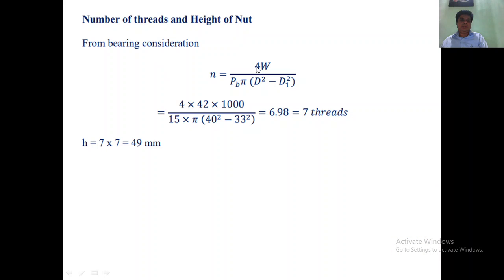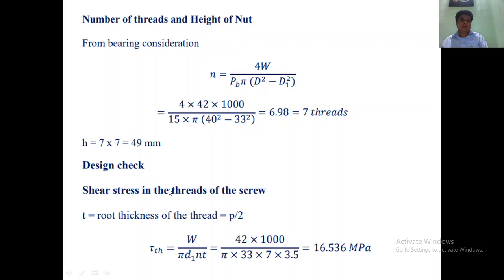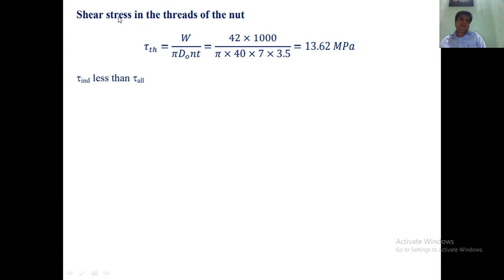Using the corresponding equations, you can calculate the height of the nut, and you can calculate the shear stresses at the root thickness of the thread, and also the shear stresses at the threads of the nut, and they should be less than the allowable shear strength of the material of the thread of the nut.